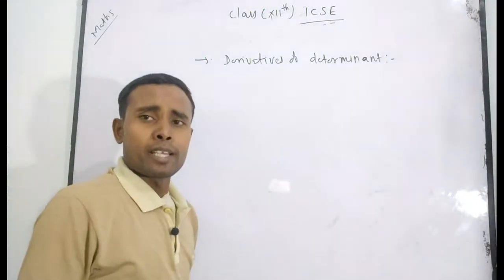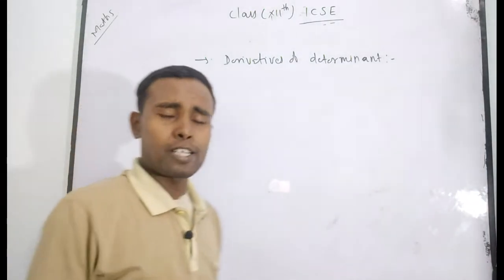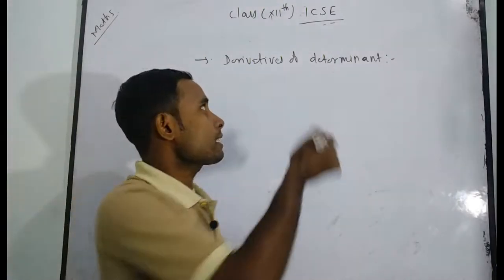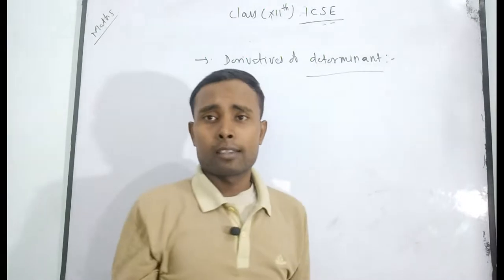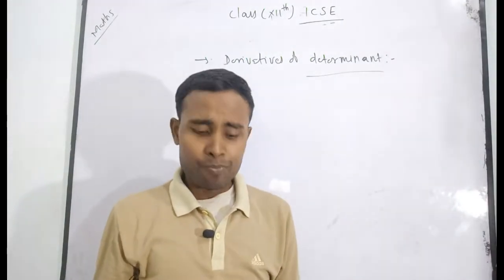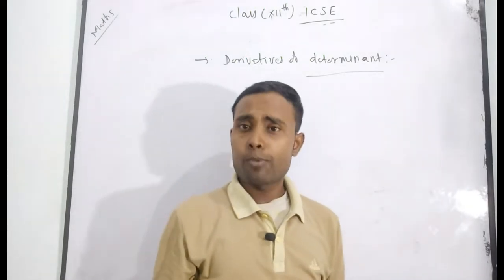How can you differentiate if a given expression, or polynomial, or any function is in the form of a determinant? First of all, I want to give you a simple logic.